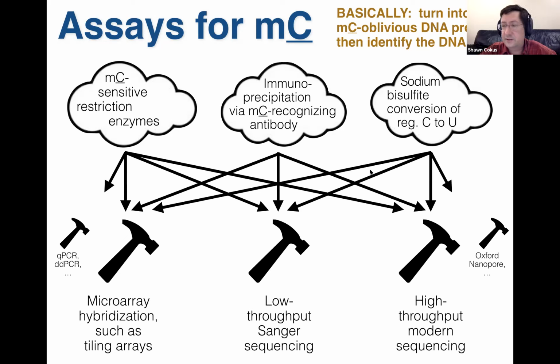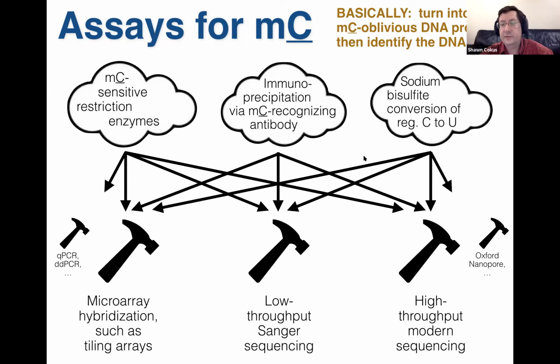So you do a digest and either it cuts or not, depending on whether the site's methylated or not. People do immunoprecipitation, where you have some antibody that's sensitive to methylation state. And then people do sodium bisulfite conversion, which changes regular unmethylated cytosines into uracils, which can then become thymines once you do PCR. And so these are our three main ways of changing the DNA that turns the rather difficult to deal with methylation mark into something we can attack with just regular ACGT methods.